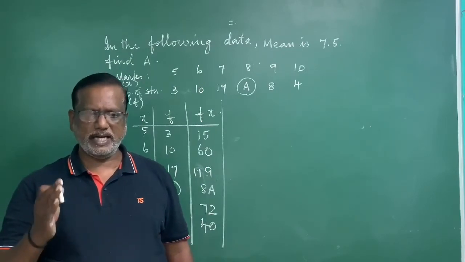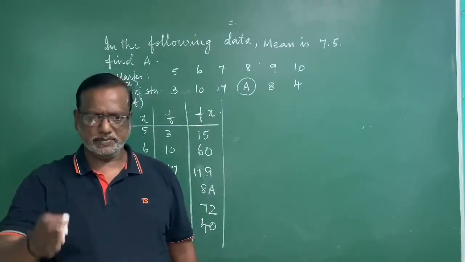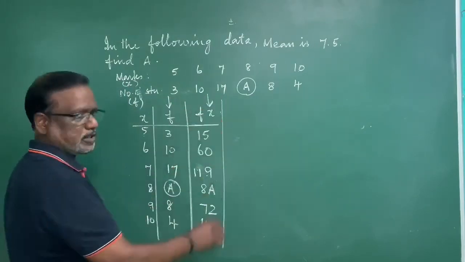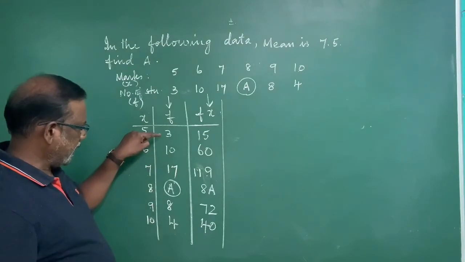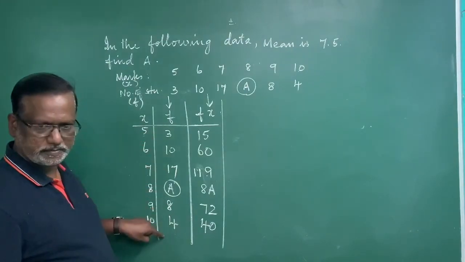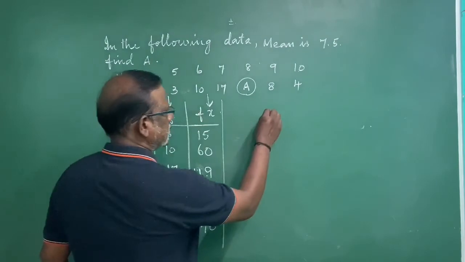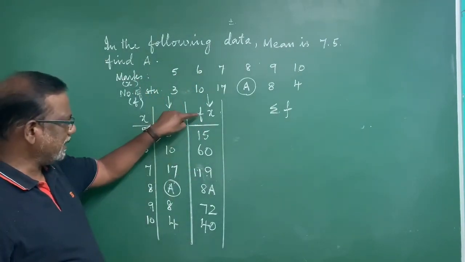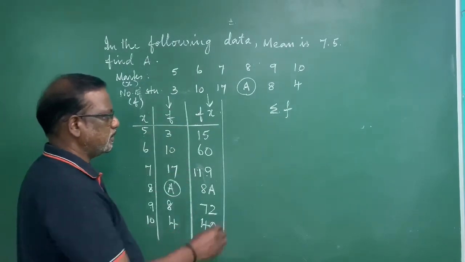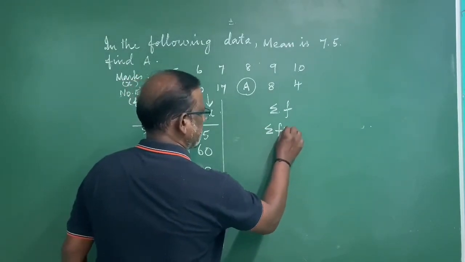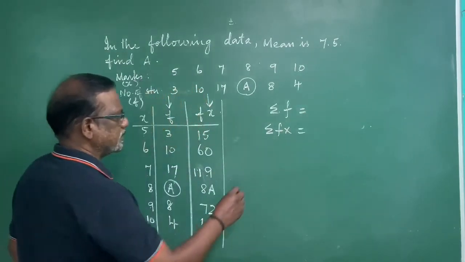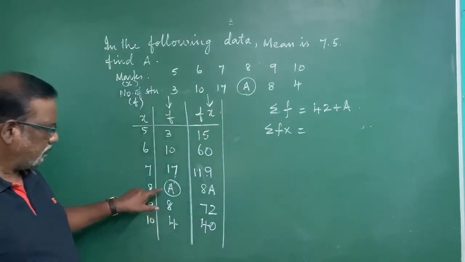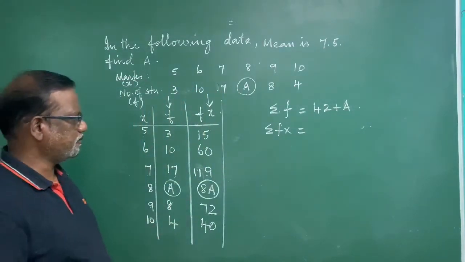Now you have to add the two columns, the f column and the fx column. By adding up these values, I will write sigma f here, and sigma fx here. So sigma f is 42 plus A.